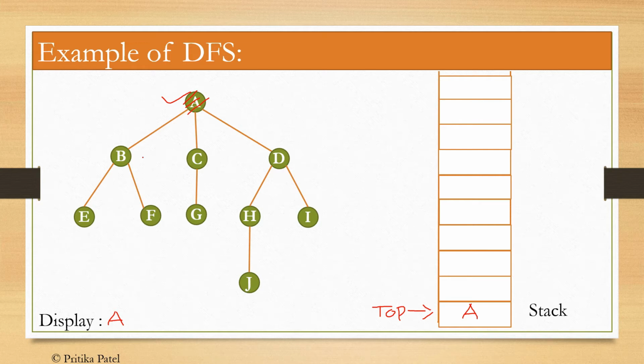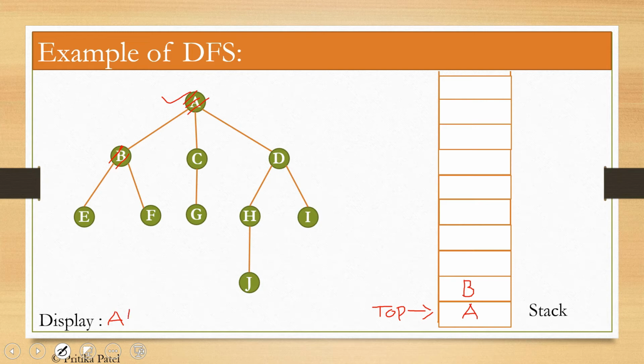Here A has B, C and D as adjacent unvisited vertices because A is directly connected with B, C and D. So now visit the adjacent unvisited vertex and mark it as visited. Push it into the stack. Now push B into the stack and display it.